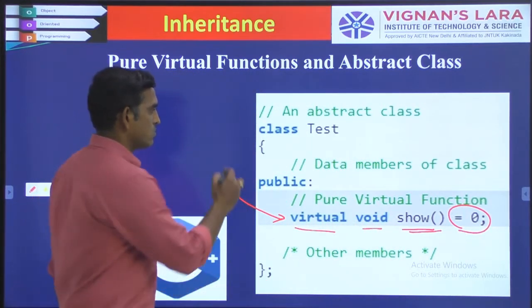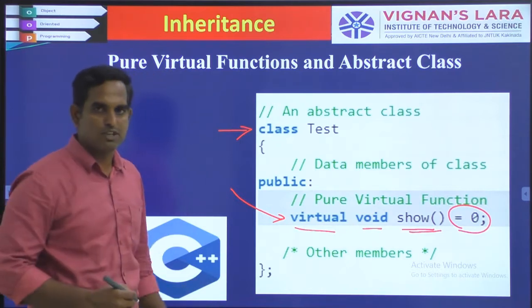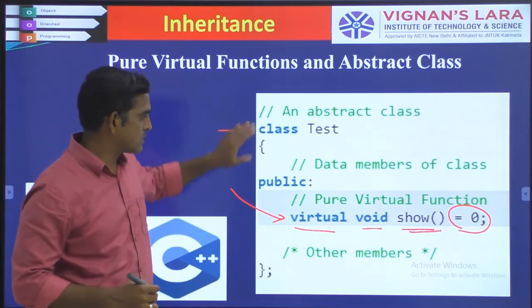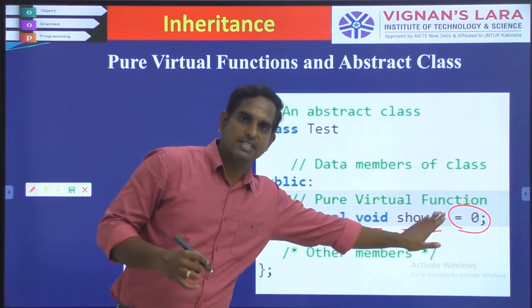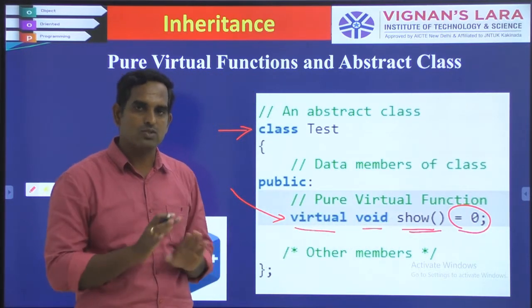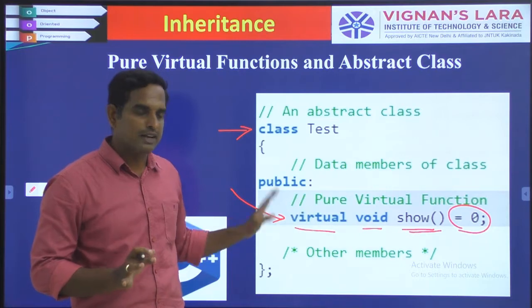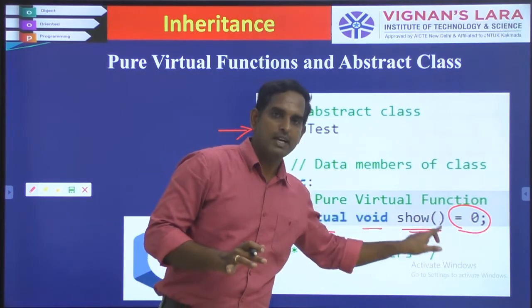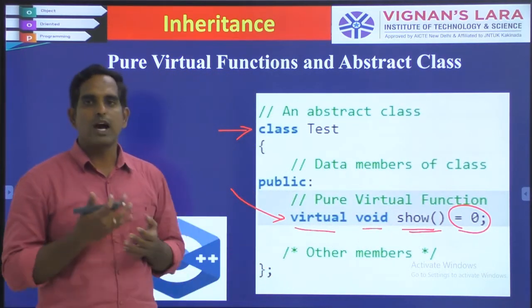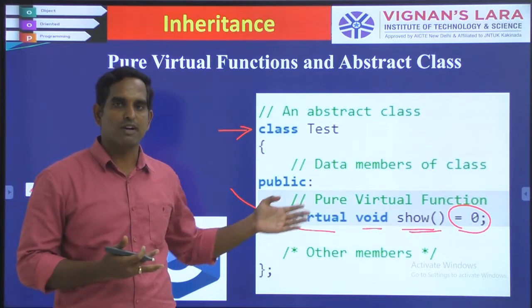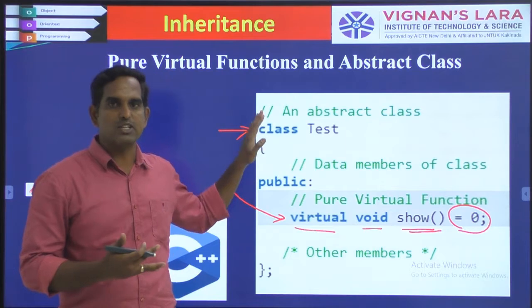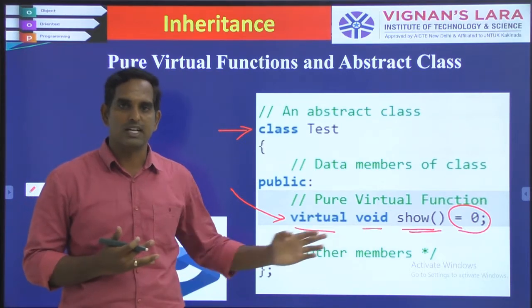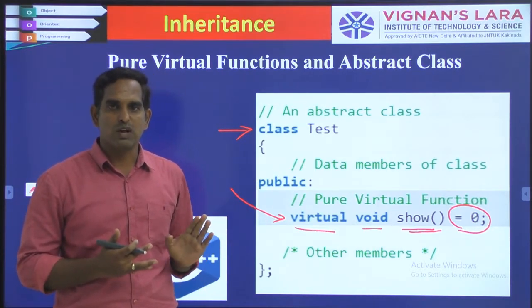This should be the base class of your structure. In this base class we have the virtual function, and that virtual function has just the declaration. There is no implementation or definition part, and we assign it to 0. When you have this declaration of the virtual function assigned to 0, and it is present in your base class, we call that function a pure virtual function.